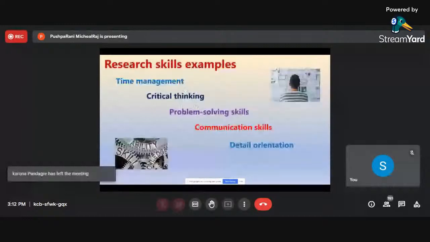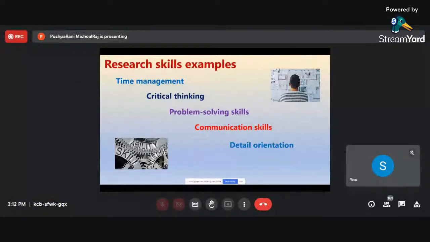These are subtopics that come under research skills. We already discussed them in one line. Now let's see how we can manage our time, how we can manage our stress, and how we can improve critical thinking, problem-solving skills, communication skills, and detail orientation skills.